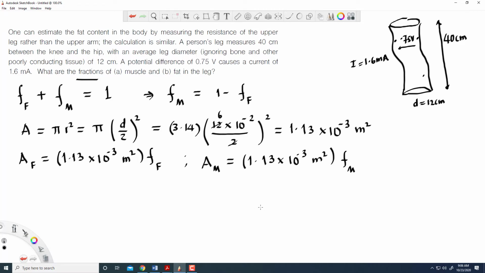Okay. Now with that we can find the resistance offered by each of the components. So the resistance offered by fat, we can find that. Resistance offered by muscle, we can find that.